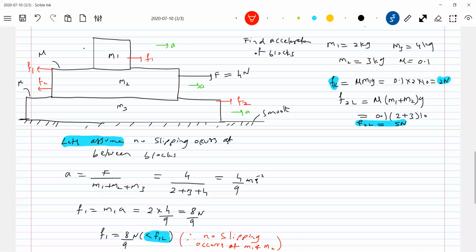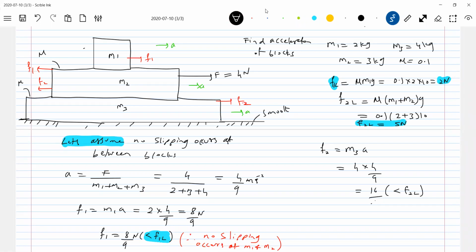Let's check again for F2. The frictional force alone accelerates the block M3. So F2 equal to M3 into a. What is the value of M3? 4. Acceleration 4 by 9. This is how much? 16 by 9. 16 by 9 is definitely less than F2L.